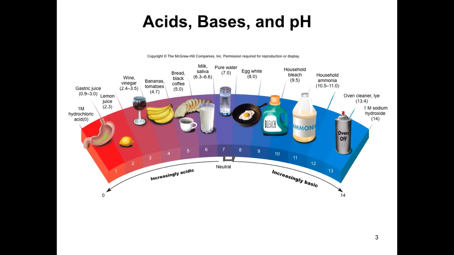And so that's the range of pH that you're going to find in your body, again, with a few exceptions. But if your body deviates much out of that range, you die. Just no questions about it. If your body gets too far out of pH alignment, you just die.